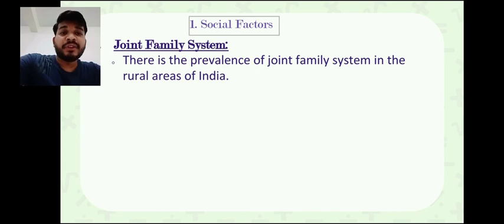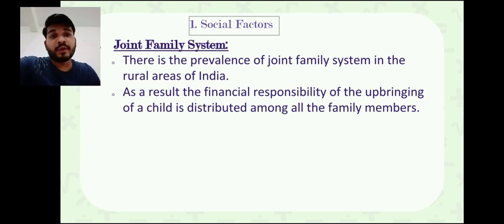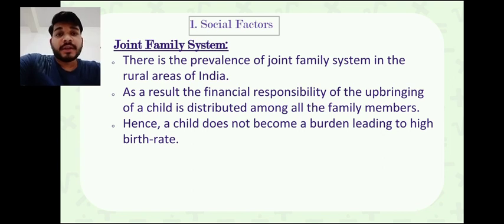Mostly in rural areas this system has been going on, and because of that birth rates keep increasing. Financially, the responsibility also becomes distributed among the children, and the responsibilities of taking care as a parent are also reduced because of the grandparents, uncles and aunties available in the family. So the child does not become a burden for any working couple. This again leads to a high birth rate in rural areas.